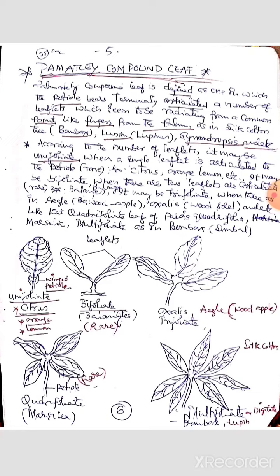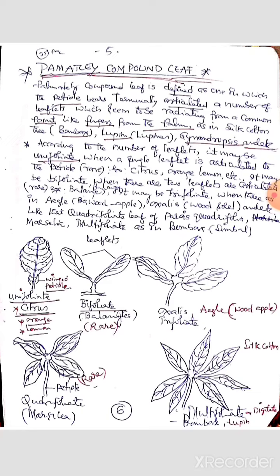Second one, bifoliate. When there are two leaflets articulated, this is a rare example.